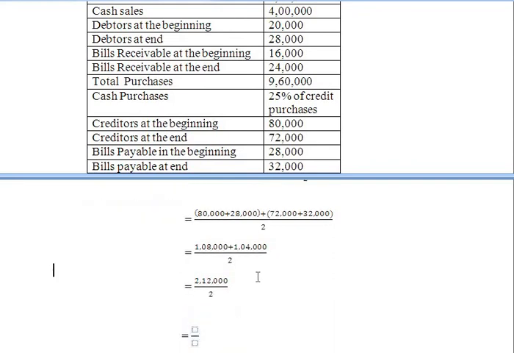How much is it? 1,06,000. Understood how this 1,06,000 has come?